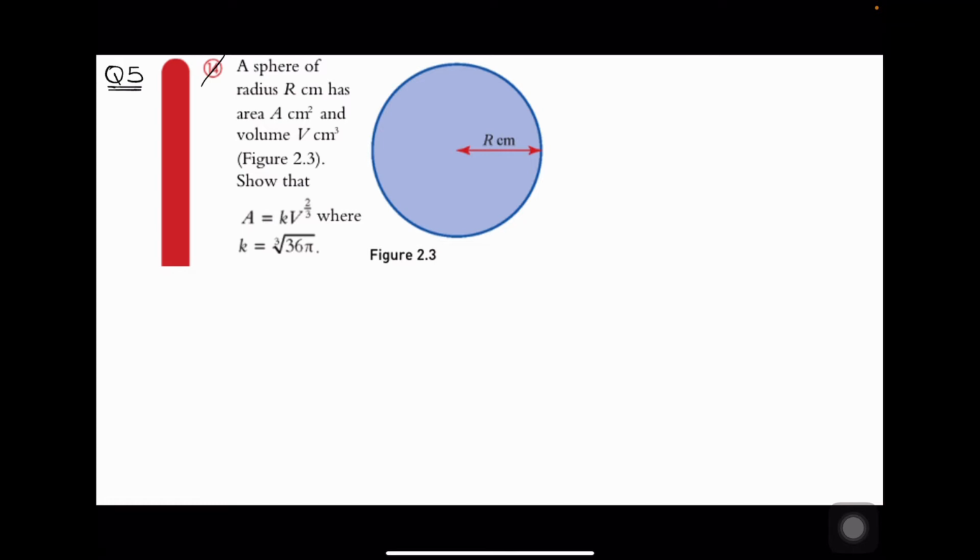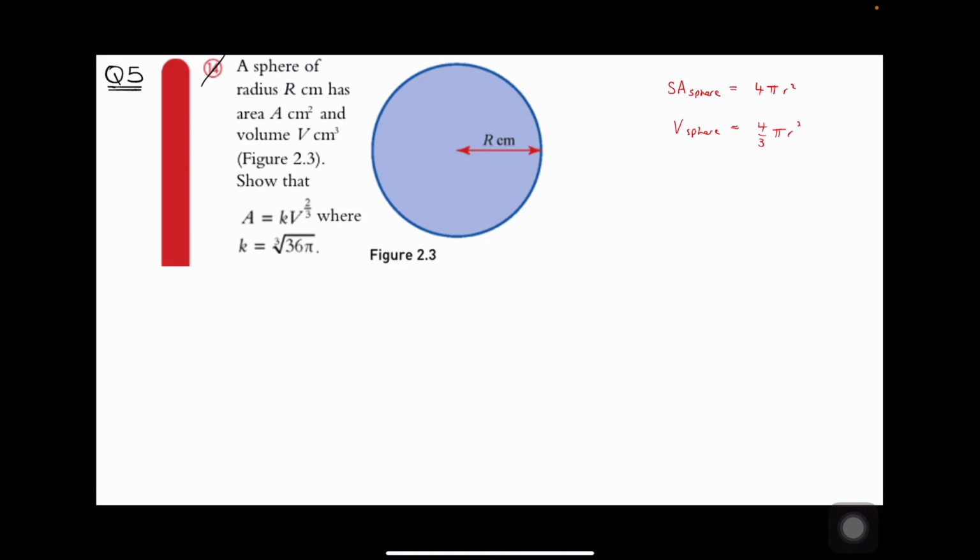So before even reading the question, I'm going to write the general form for the surface area of a sphere, and the general form for the volume of a sphere. So 4 pi r squared, 4 over 3 pi r cubed.